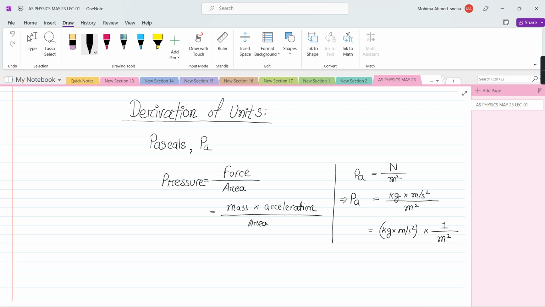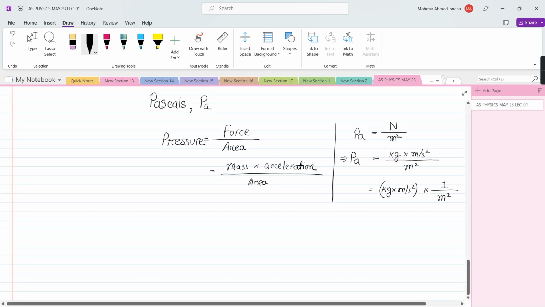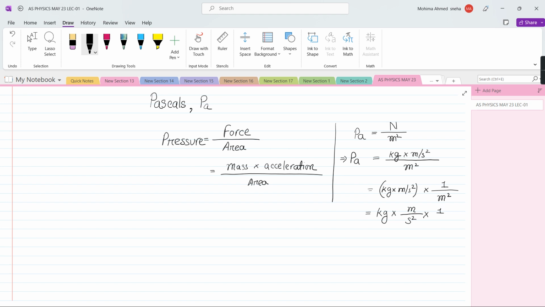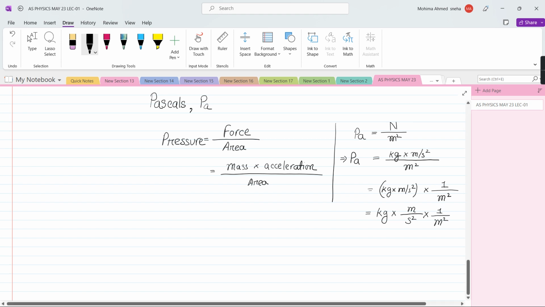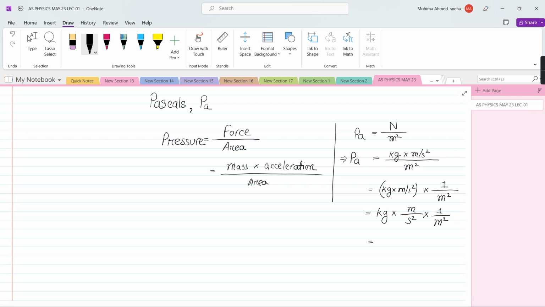No question. Okay, so now we can write the meter per second square again as a fraction, and it will look like kg into meter per second square into 1 over meter square. Now on the denominators we have s square and m square, so we can write all the numerators together at the numerator position, that is kg into meter, and at the denominator meter square and second square.